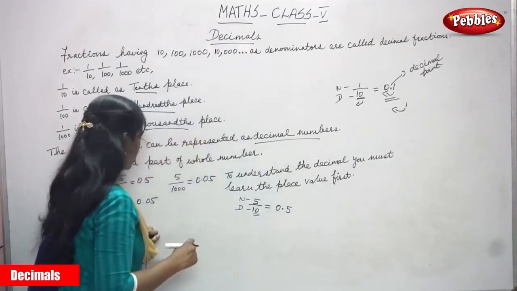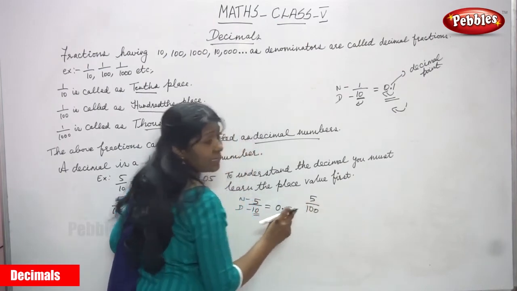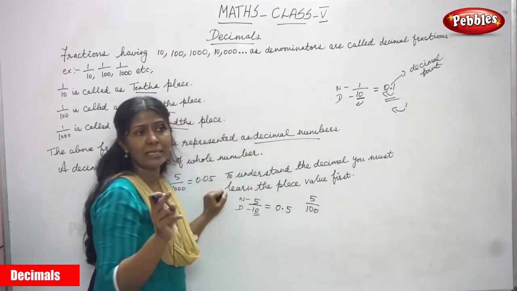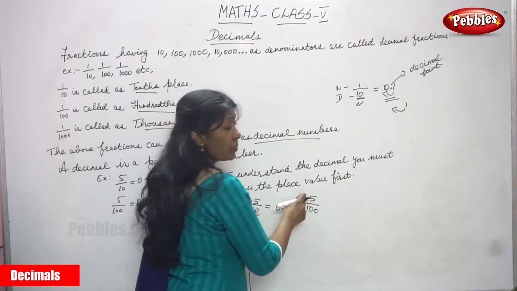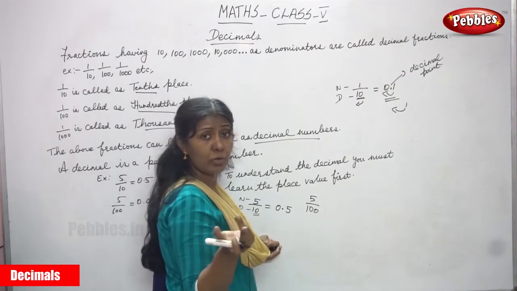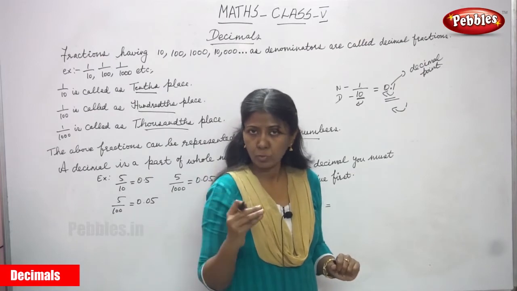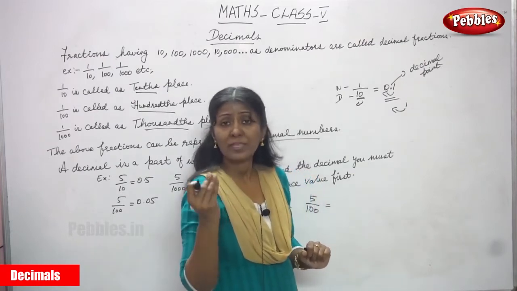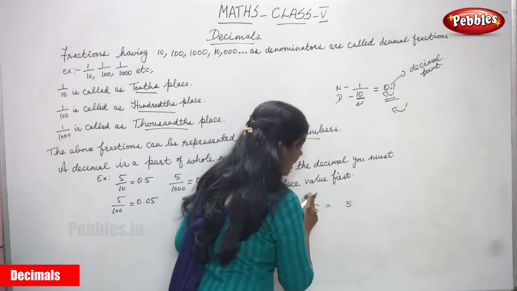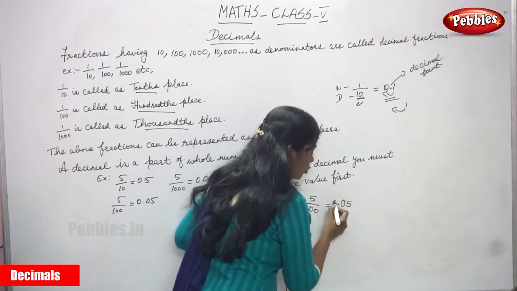The next question we are going to solve is 5 by 100. 5 is the numerator and 100 is the denominator. In the denominator, how many zeros are here? 2 zeros. But in the numerator, only one digit. So you need one more digit, but you don't have one. So you have to move the point from right to left. First you write 5, only one digit. After that, you don't have a digit, so you have to put a 0. Then put a point, then write 0.